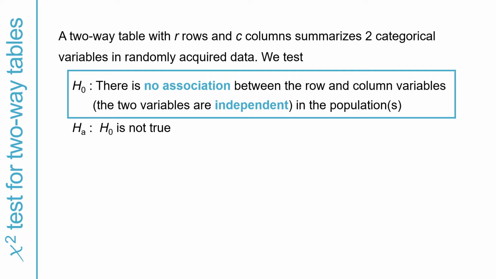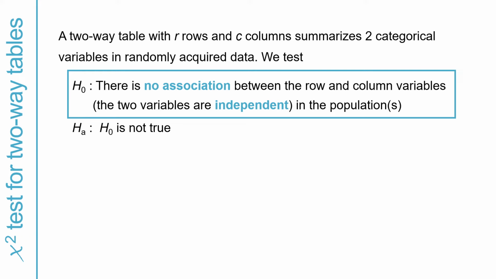That means those two variables are independent in the population from which the data were taken. Our alternative hypothesis is going to be non-directional. We are simply saying that the null hypothesis is not true. There is some association between those two variables. They are not independent in the population.